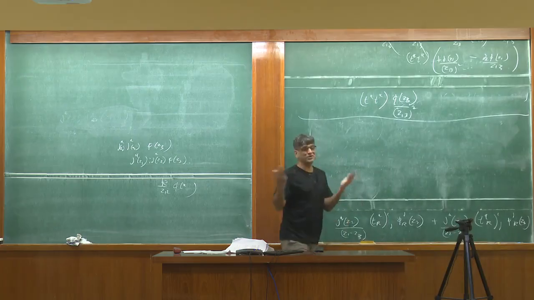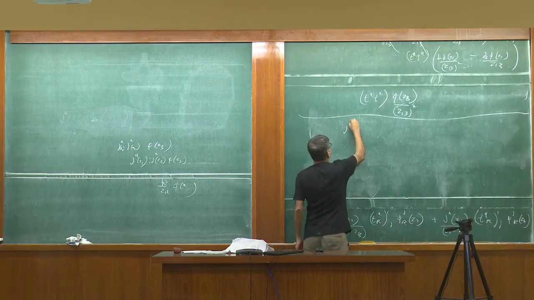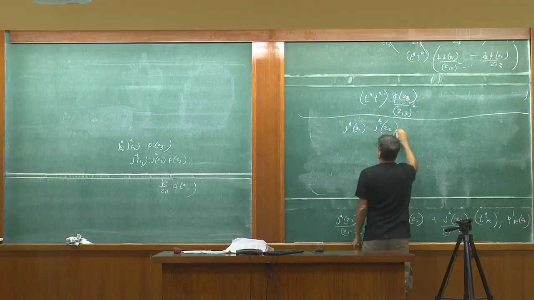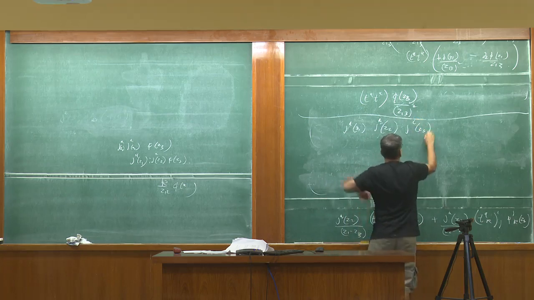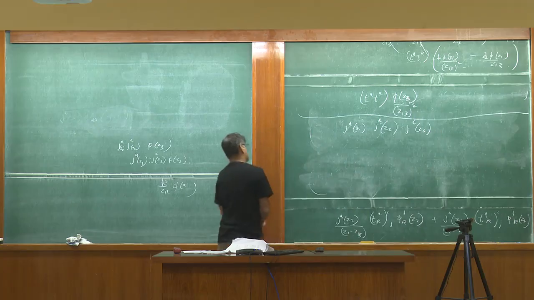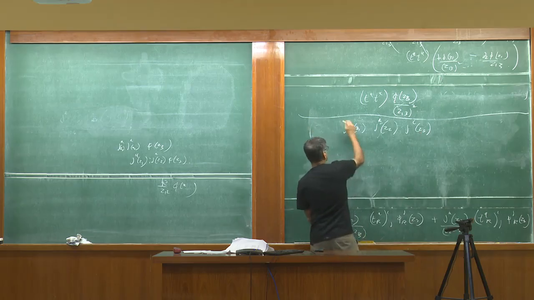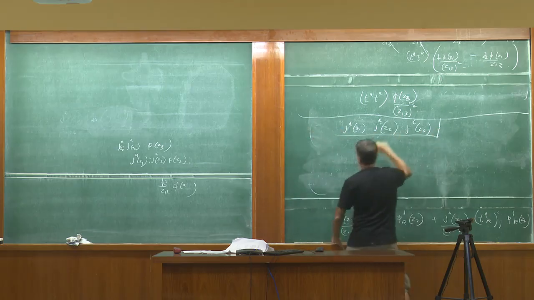Okay, I'm so sorry, I'll try again. JA of Z1, JB of Z2, and JC of Z3. Okay, now let's take 3 to 1. I take this quantity, everything, we're going to sum over A eventually.